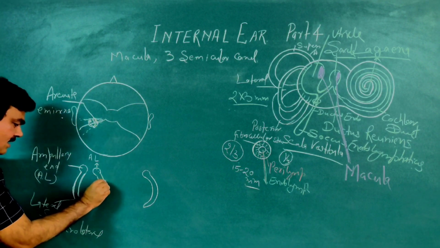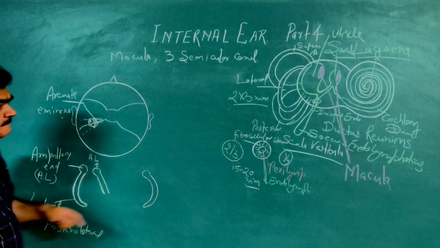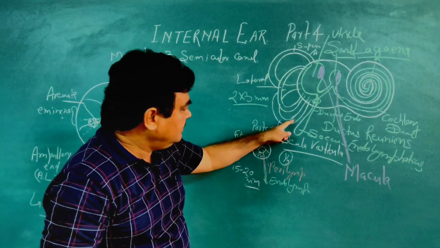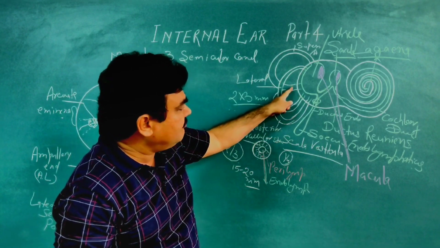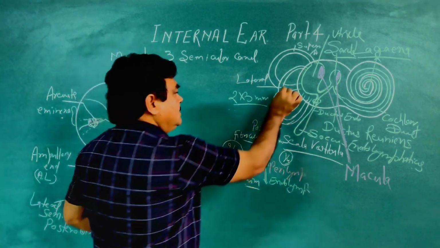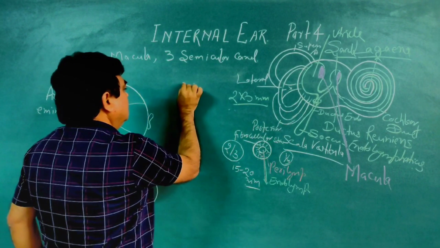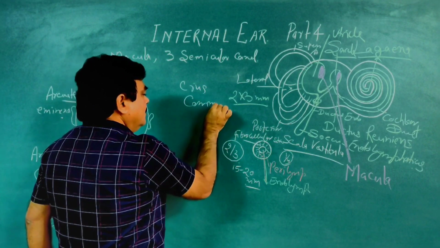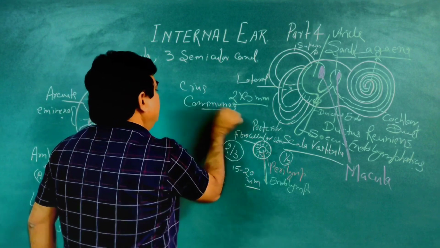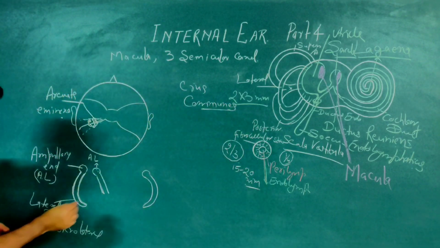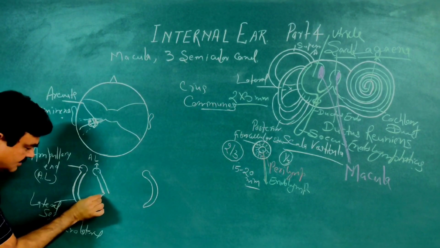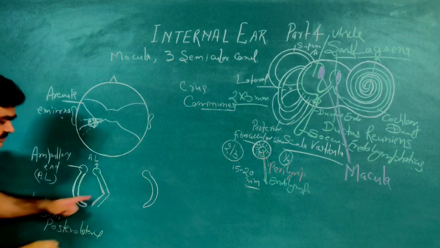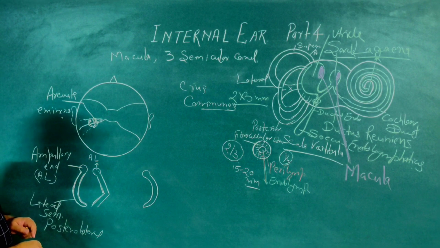And here, this superior semicircular canal and this inferior semicircular canal join to form the crus commune. This is crus commune. Here, the posterior semicircular canal joins with the superior semicircular canal.